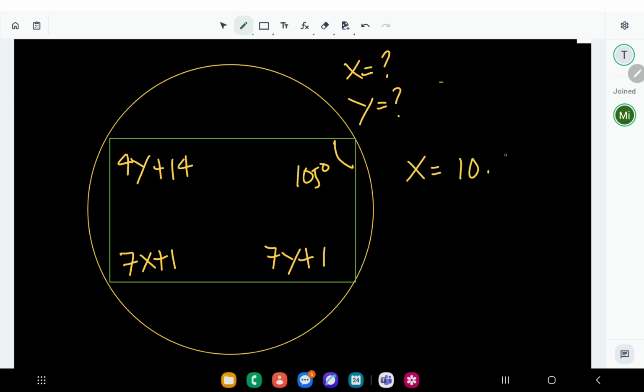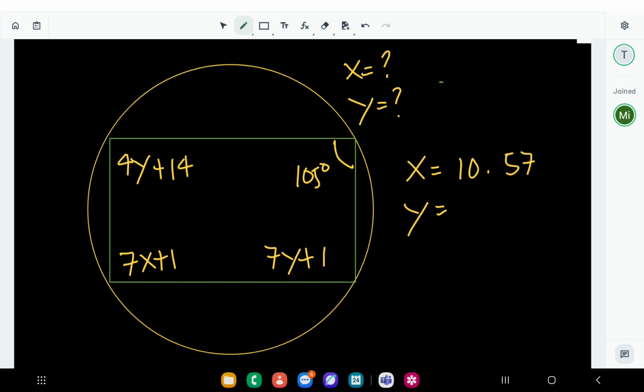Yeah, that's correct. So 10.57. Then for y, okay, what is the value of y? What did you get? 10? I got 15.